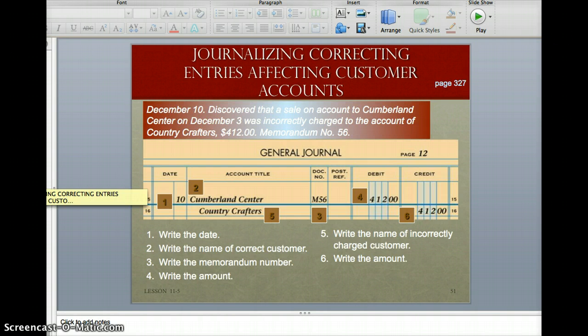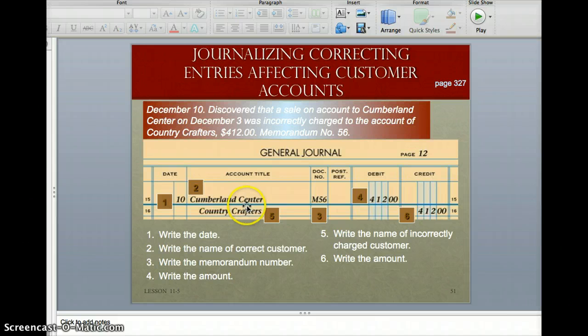So here's the example our book uses. On December 10th, discovered that a sale on account to Cumberland Center on December 3rd was incorrectly charged to the account of Country Crafters for $412, memorandum number 56. So in the general journal, the first thing you're going to do is write the date, which is the 10th. You're going to write the name of the correct customer because you need to debit their accounts receivable account.